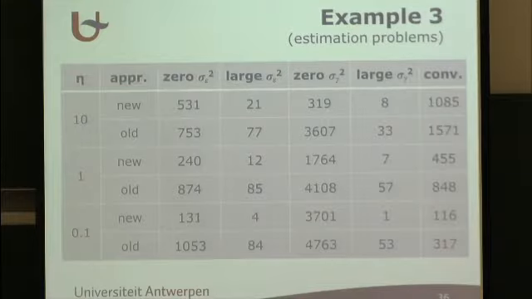Large estimates we also consider problematic, and by large we mean estimates for sigma squared epsilon in the neighborhood of 100 or 1000. We can see that this also happens more often with the old design than with the new design. And similarly, when we count the zero estimates for sigma squared gamma and large estimates for sigma squared gamma, we can see that we encounter them much more often with the old design than with the new design.